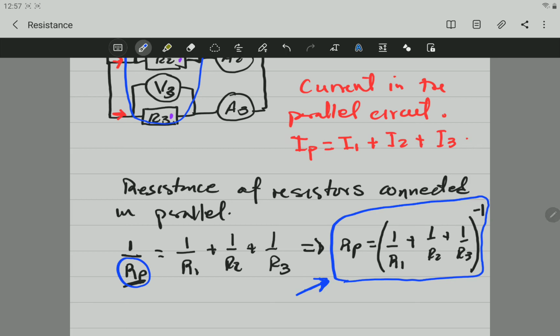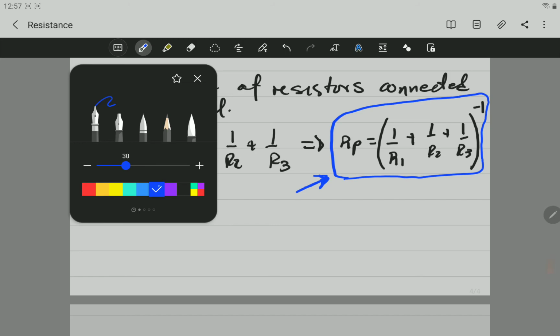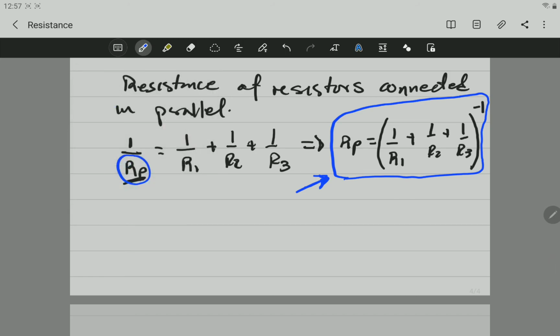Now, if you have only 2 resistors, which is not the case of this circuit, then there is another formula that we can use, but this one is only for 2 resistors.